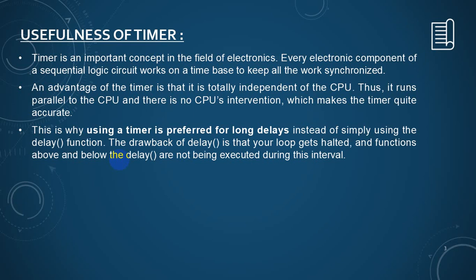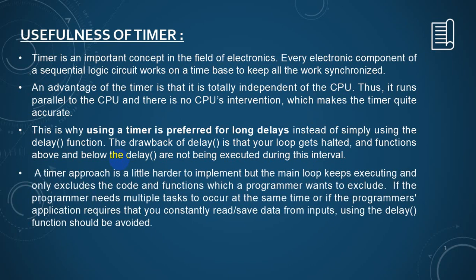The drawback of delay is that your loop gets halted and functions above and below the delay are not being executed during the interval. So we can overcome this disadvantage by using a timer. A timer approach is a little harder to implement, but the main loop keeps executing and only excludes the code and functions which a programmer wants to exclude.